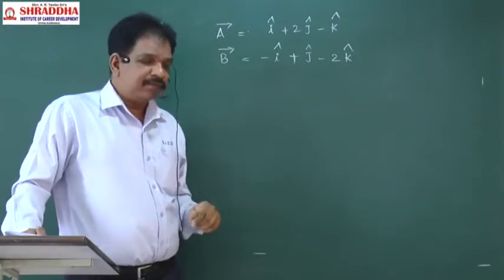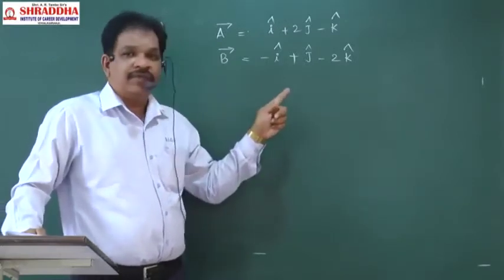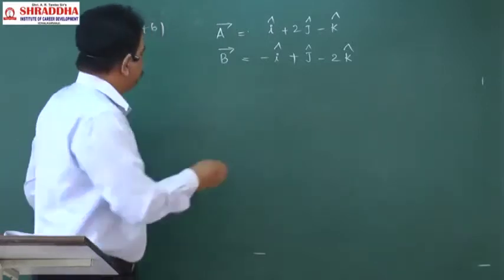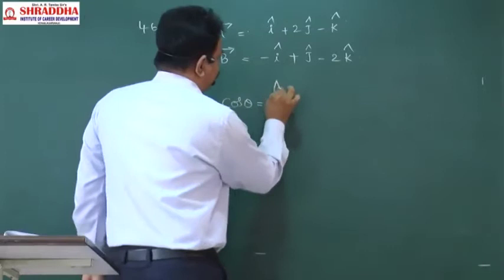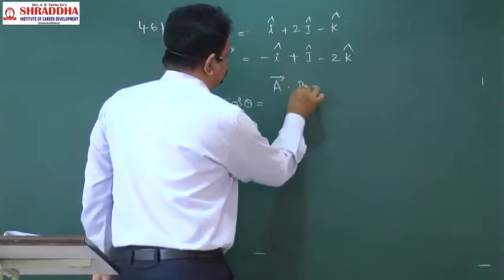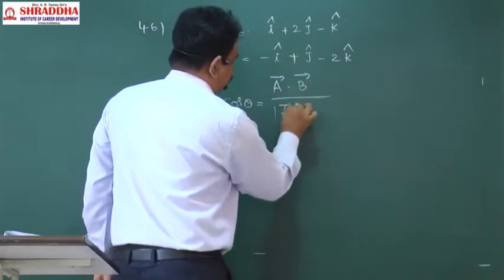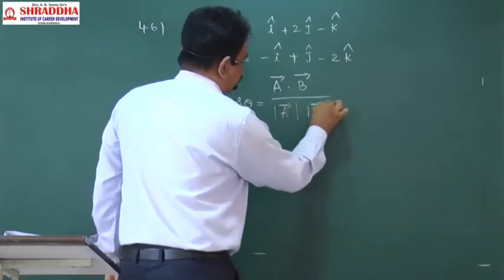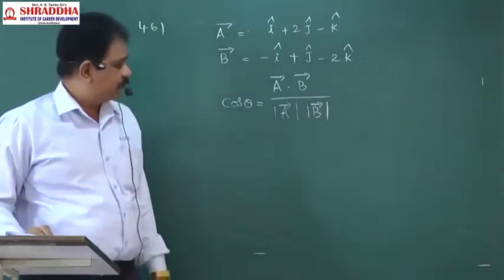That is the question. To find the angle between the two vectors, what formula are we using? Cos theta is equal to A bar dot B bar divided by modulus of A bar times modulus of B bar. This formula we are using.